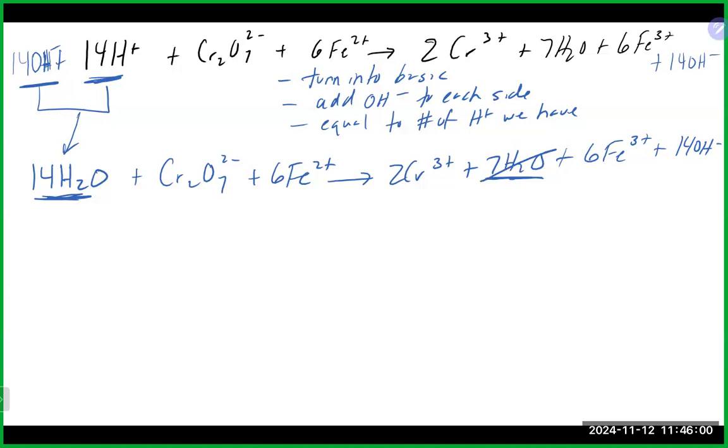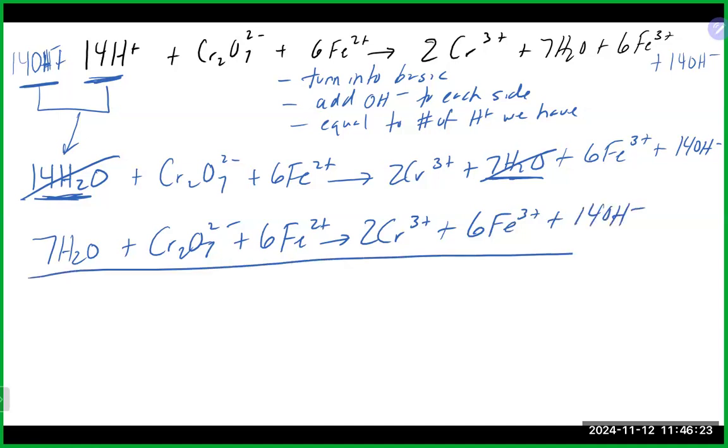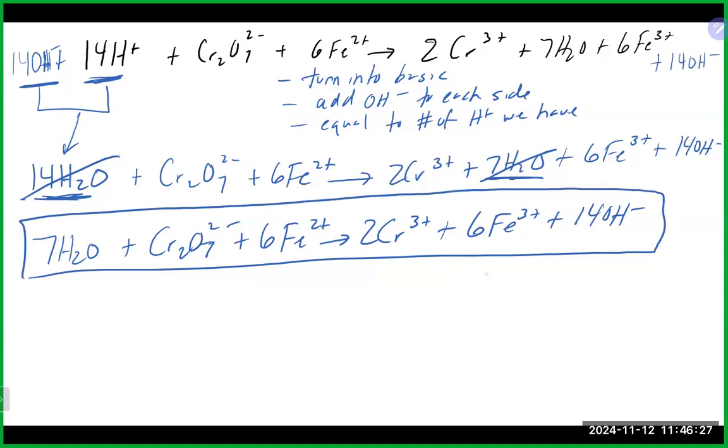So the 7 waters cancel, and that's going to leave me over here a net of 7 waters plus our Cr2O7 2 minus plus our 6 Fe 2 plus goes to our 2 Cr 3 plus plus our 6 Fe 3 plus plus our 14 OH minuses. And at this point, you should now be balanced, hopefully, in basic conditions.